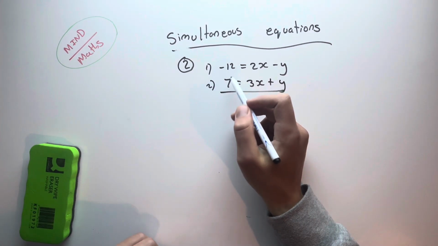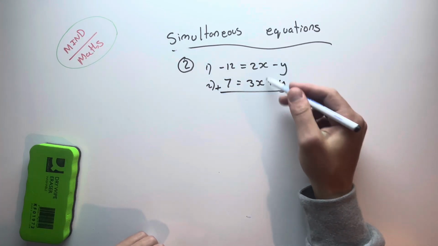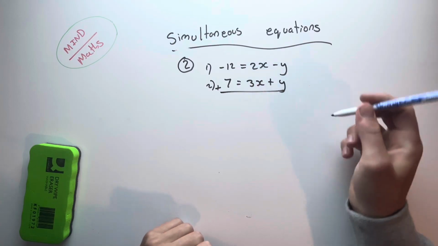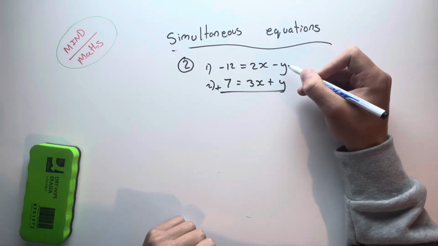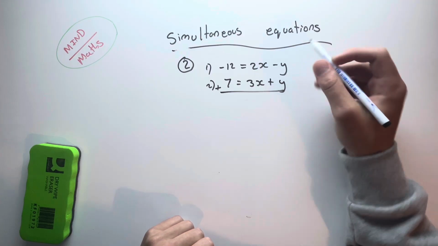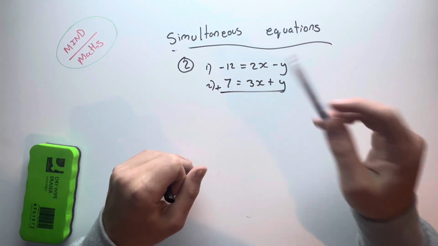So negative 12 plus 7, because it's different signs. I should have mentioned that if it's different signs, you don't just add these two terms, you add the entire thing, you put it all over the addition.